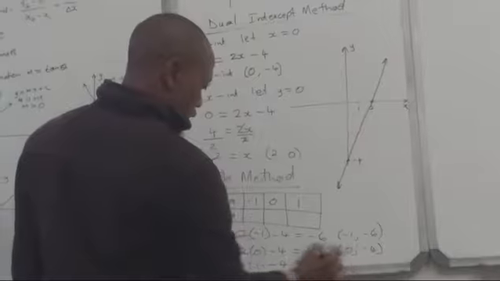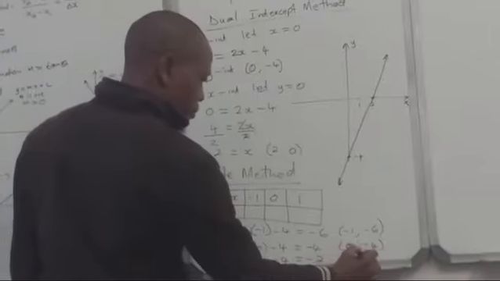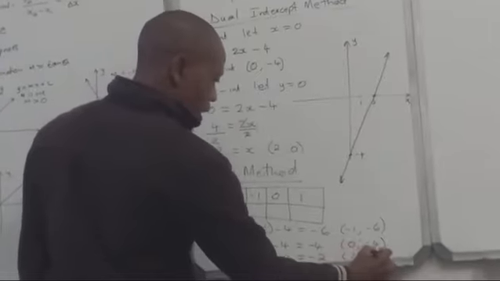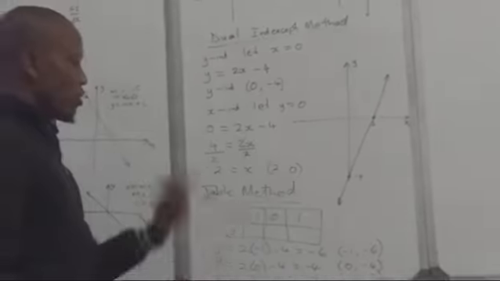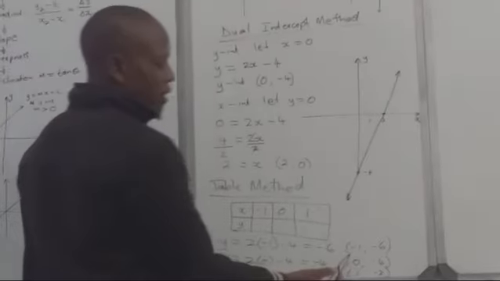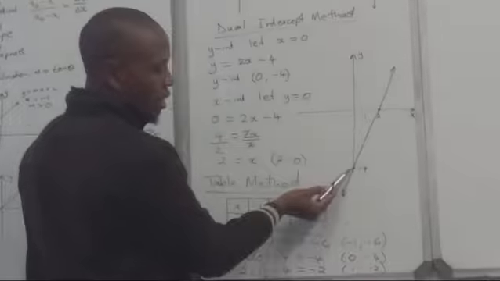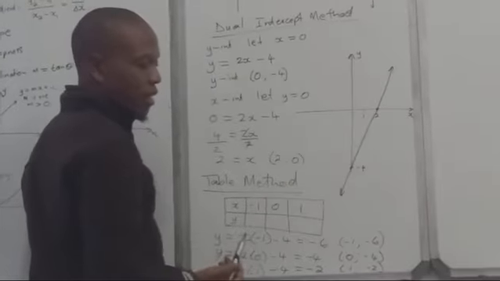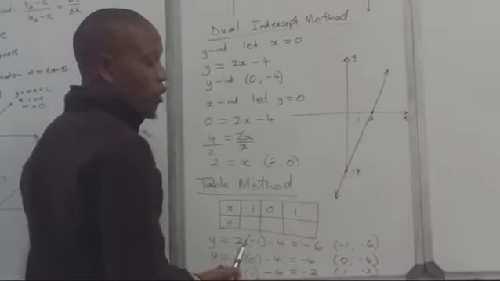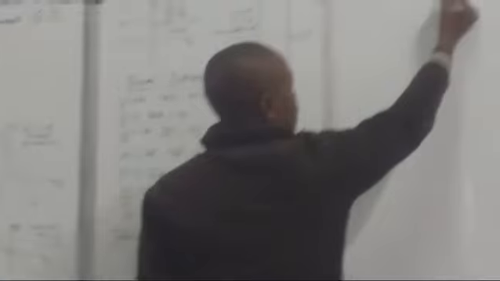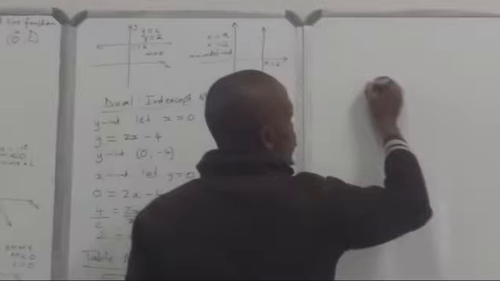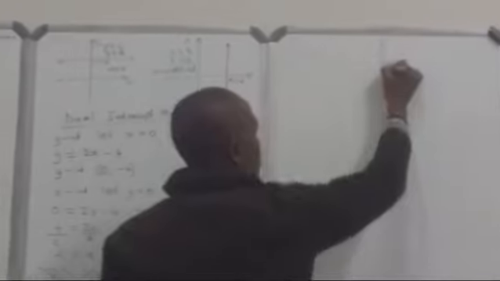Then you have 1 and a negative 2. So you're ready to plot your points. We can see that the middle point is the y-intercept.